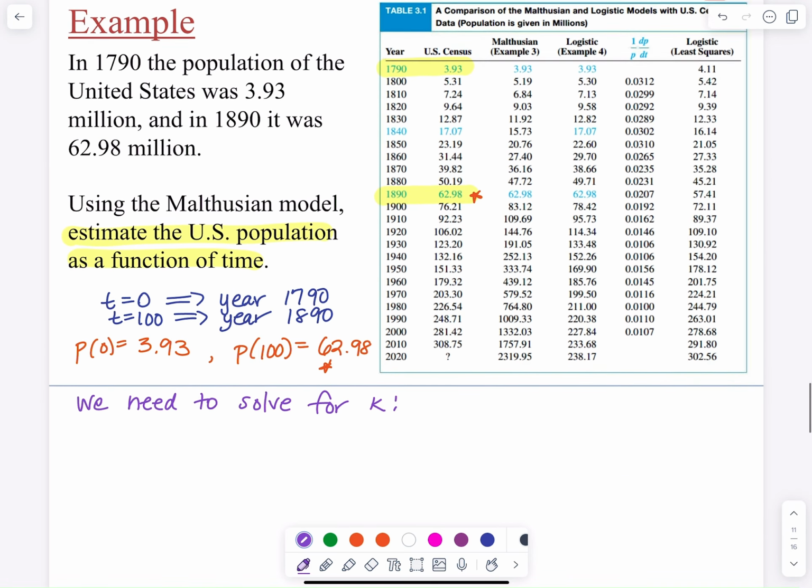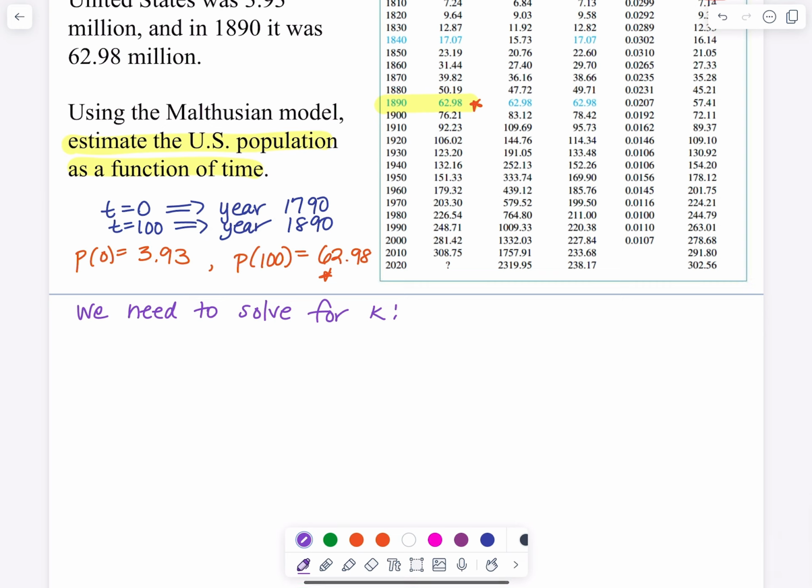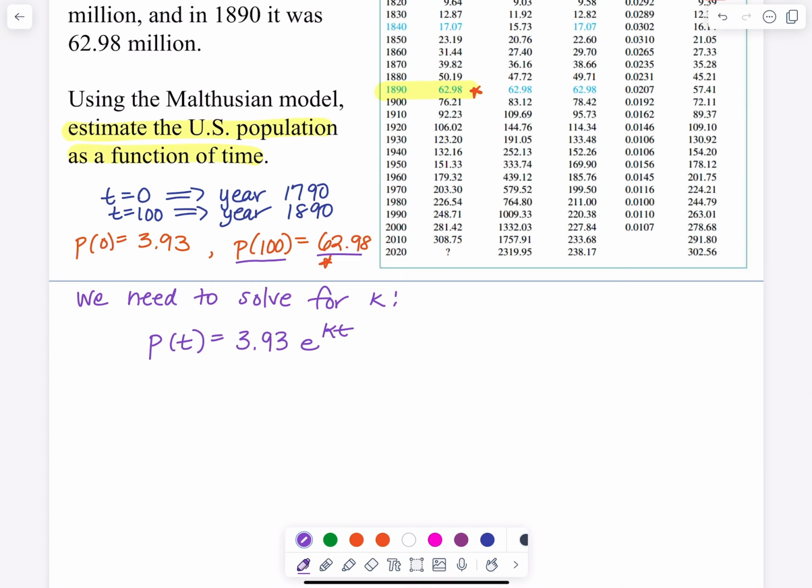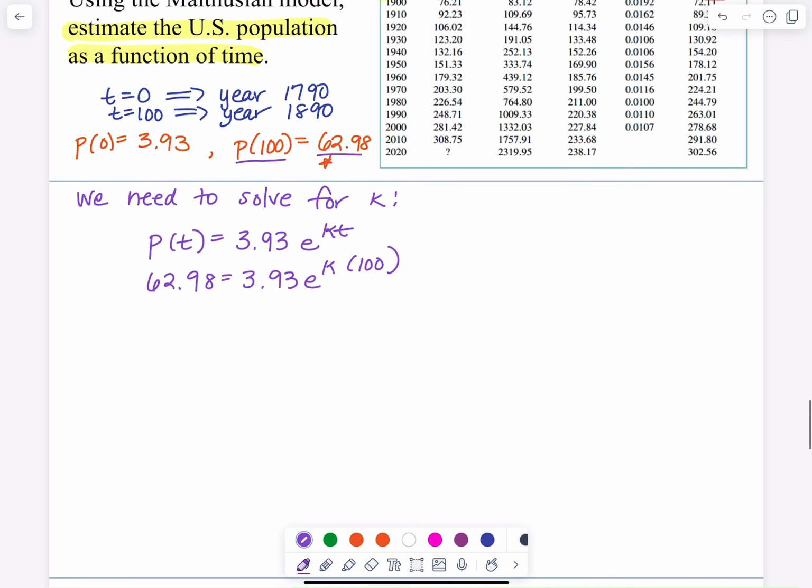Let's write our model down that we had before. P of t is our solution, equals P naught e to the kt, so P of t equals 3.93 e to the kt. Using our data value, P of 100 equals 62.98, so 62.98 equals 3.93 e to the k multiplied by 100.